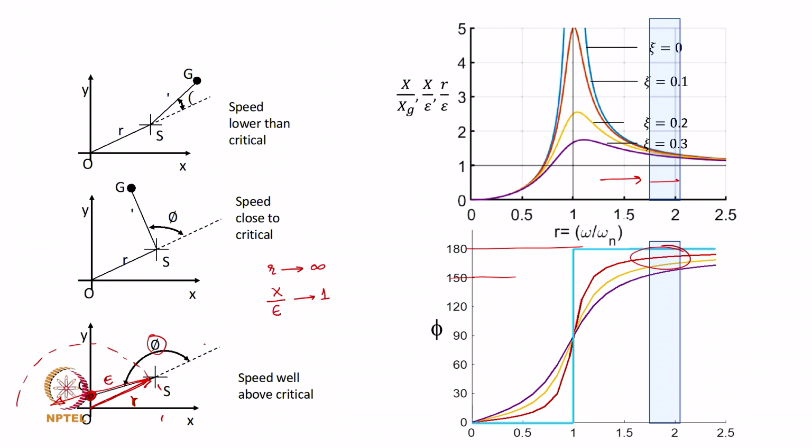Now, x in this case is basically your R, or capital R is the amplitude, and so R will approach what? Epsilon, which is what we are seeing here because of that flipping and that angle being close to 180 degrees. The mass center actually comes close to the bearing axis.